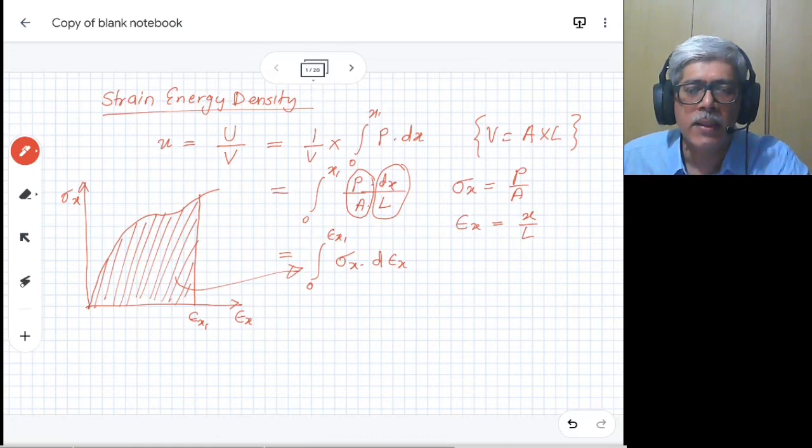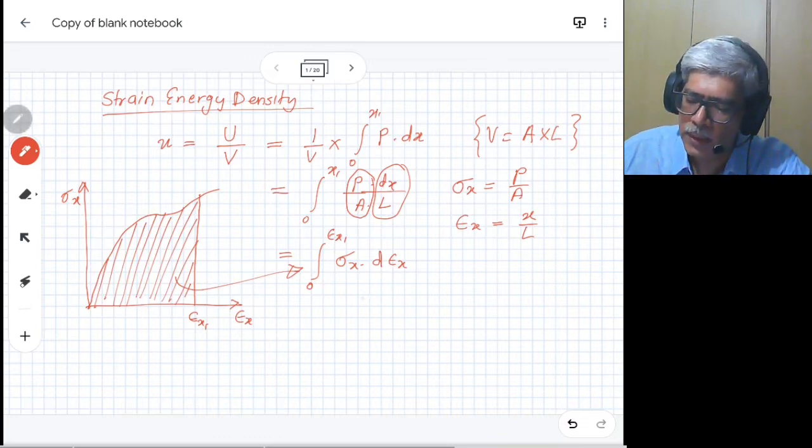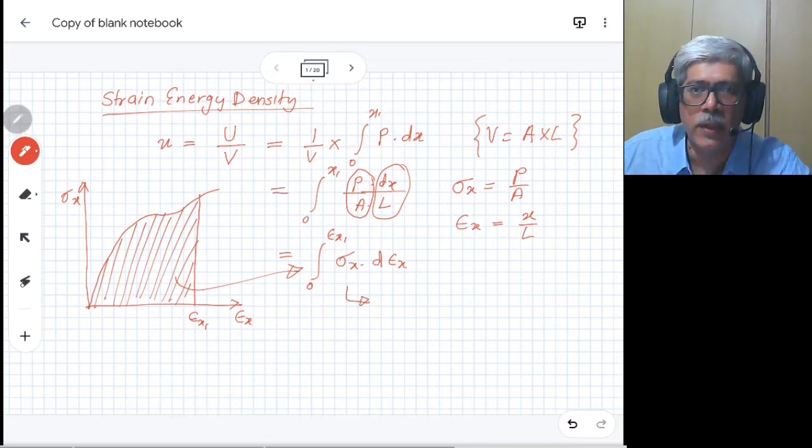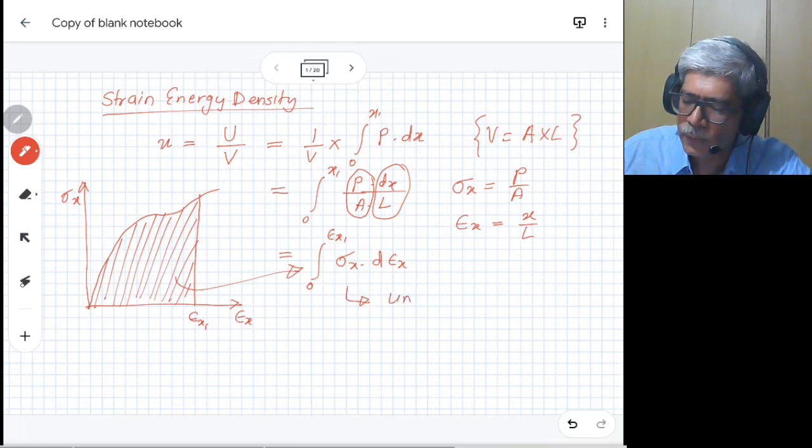So the strain energy density is nothing but the area below the stress strain curve of a body, and since it is energy per unit volume, the unit of this entity will be joules per meter cube.